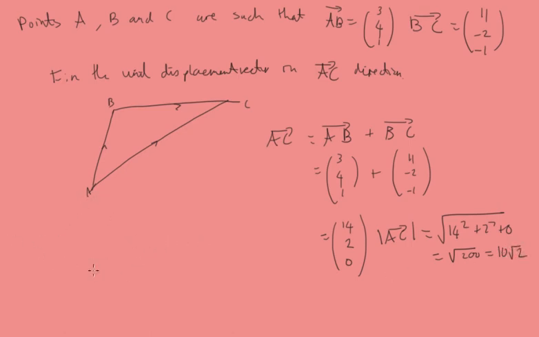So the unit displacement vector is going to be 1 over 10√2 times (14, 2, 0). You can take this out here as a scalar quantity because you're going to multiply each component of the vector with it, and it just makes it a bit tidier to write. So I hope that helps.